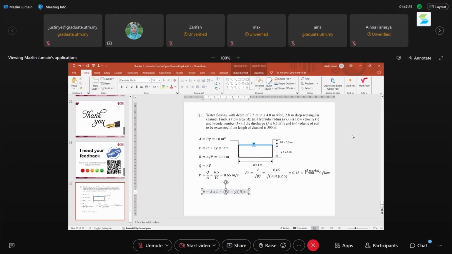Okay. So 2.5 plus 0.3, so you get 2.8. Multiply by the value of B, 4 meter. Then multiply by 500. So you will get 5,000. Is it correct, Aina?